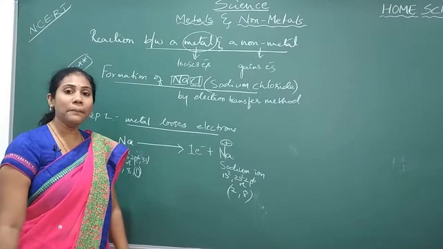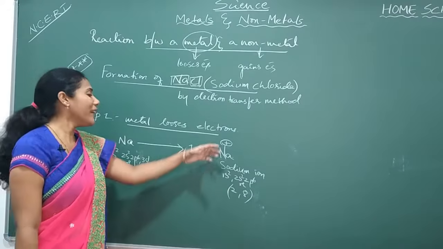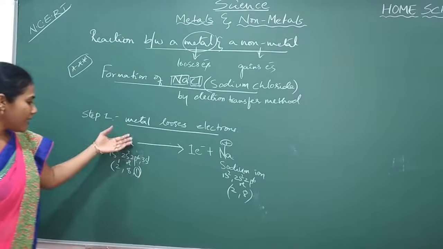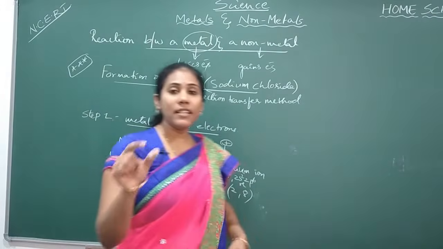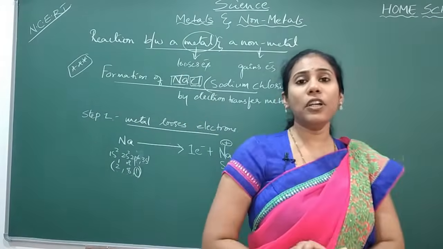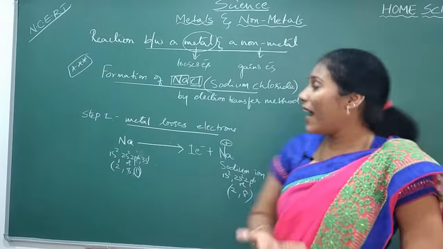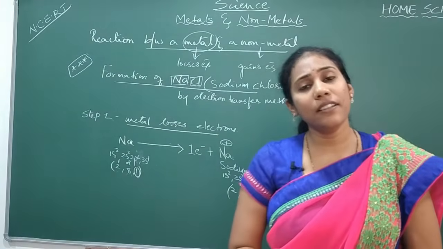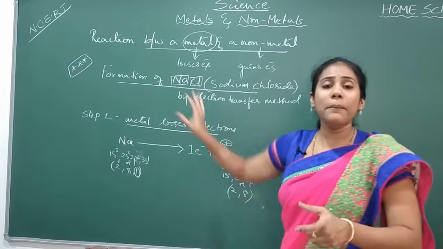Now tell me why it is losing only one electron. Why is it not losing 2 electrons or 3 electrons? See, it has 11 electrons, isn't it? So among the 11 electrons, it is losing only 1 electron. What is the reason behind this? Why is sodium losing the electron here? Why do all metals have the ability to lose electrons?